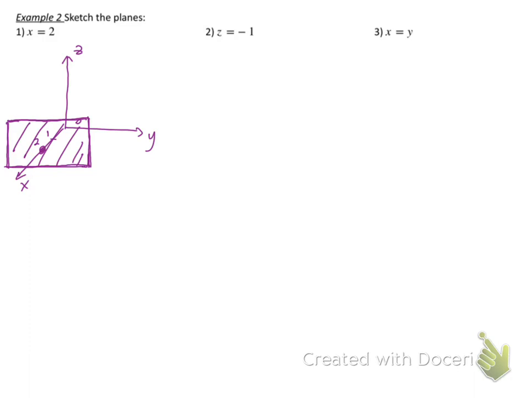Now the second question, z equals -1. So I don't really have any information about x and y, but I do know z equals -1. So I go to my z-axis, I find -1, I make a dot.